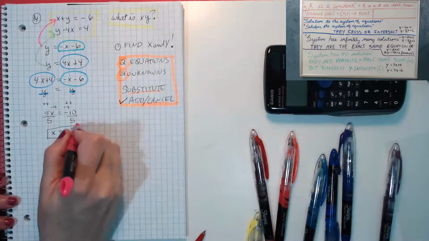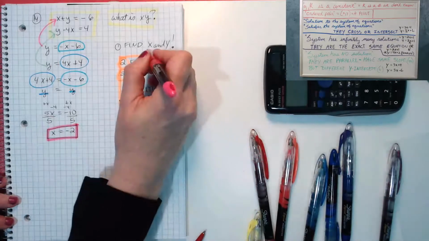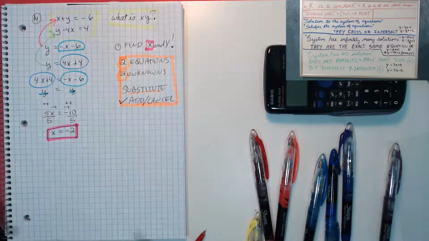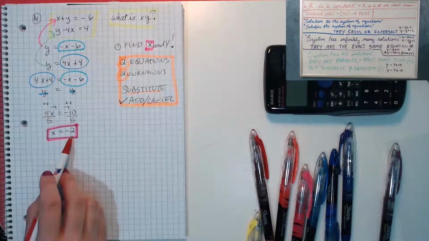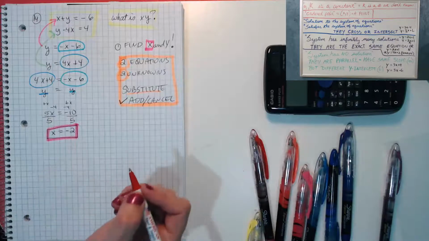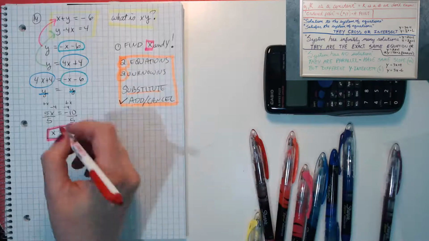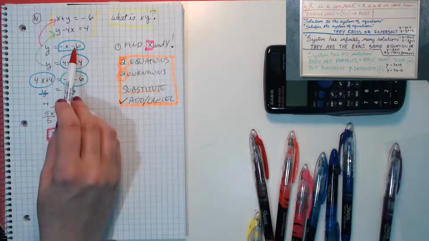So here's our x, we just found our x right there. Now let's find the y. If we know x is negative 2, I'm going to take the shortest route for this one, which is, I'll just pick this equation.